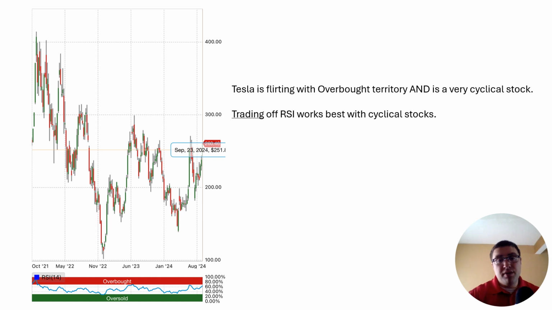So when it comes to Tesla, it's a good example of truly overbought. It's actually a pretty cyclical stock the last couple years. You can kind of look at the actual RSI versus the chart. Usually when it's super oversold, great time to buy. But when Tesla is very overbought, good time to sell.